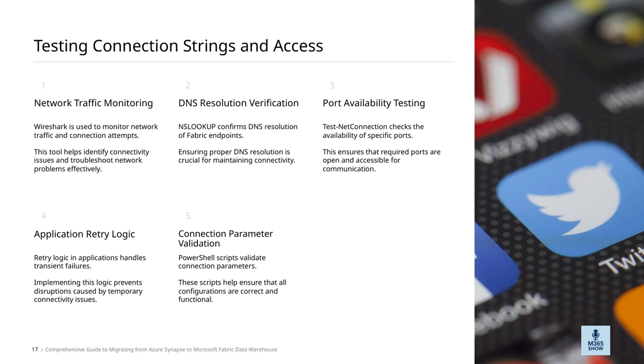Proper DNS resolution is fundamental for maintaining consistent connectivity. Lastly, Wireshark is a powerful tool we utilize to monitor network traffic and connection attempts. It allows us to identify any connectivity issues quickly and troubleshoot network problems effectively. All these steps together form a comprehensive approach to ensure reliable and secure connections during your migration process.